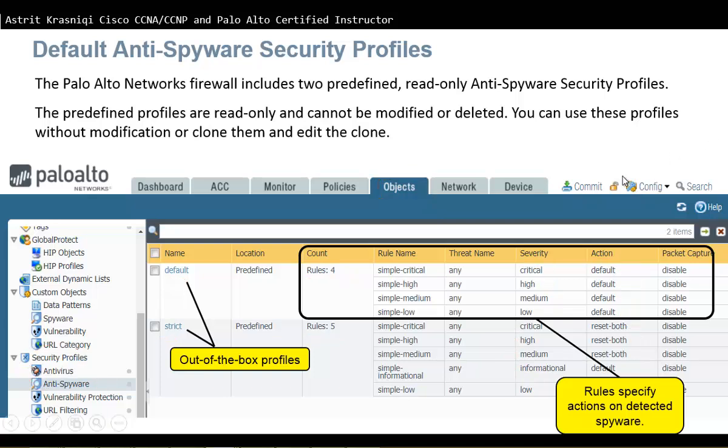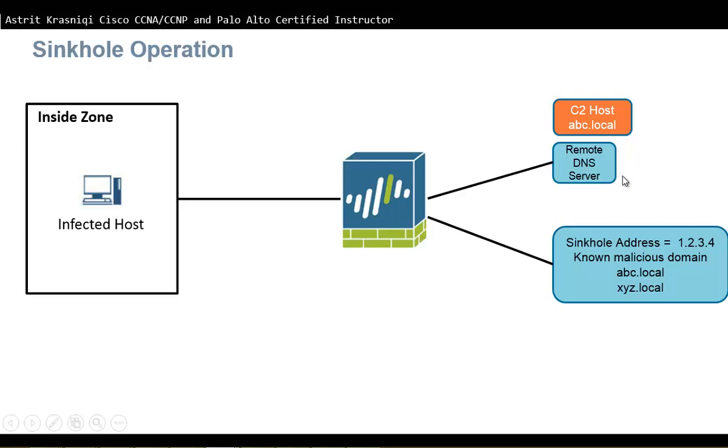But first, let's talk about sinkhole operation. Before we start creating this security profile, we have to talk about the sinkhole operation because we're going to use this as well. Imagine the infected host in our inside zone, it's already infected, and it's trying to communicate to this malicious domain.